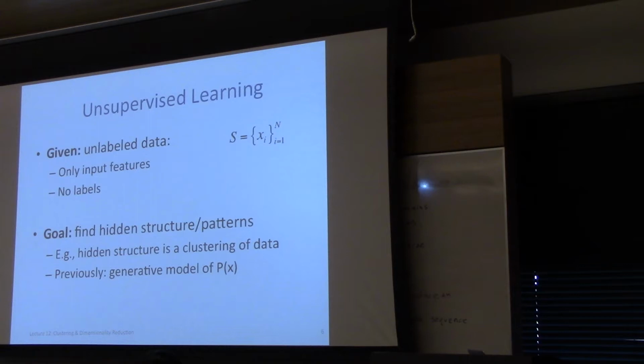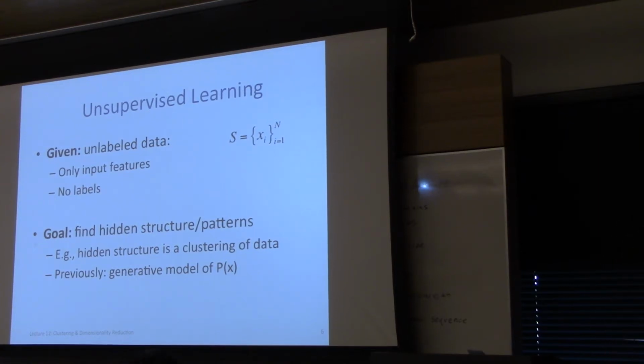At least this simplest form of clustering is an instance of unsupervised learning. We looked at unsupervised learning briefly when we talked about naive Bayes and HMMs. The basic idea of unsupervised learning is that you only have a training set of unlabeled data, no labels, just the input features. The goal is to find some notion of hidden structure or patterns in the data.